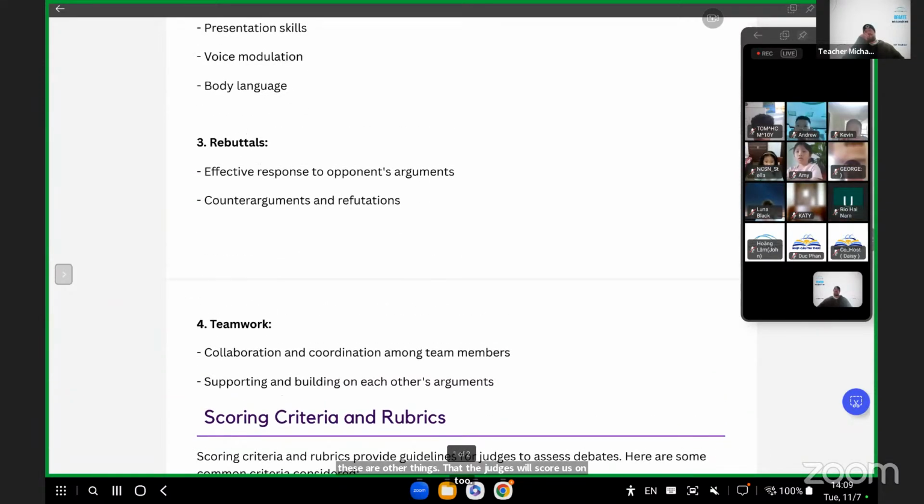Next, the judges will score your rebuttals. We all remember from when we talked about rebuttals, that is just when you try to counter argue against a point that your opponent has made.